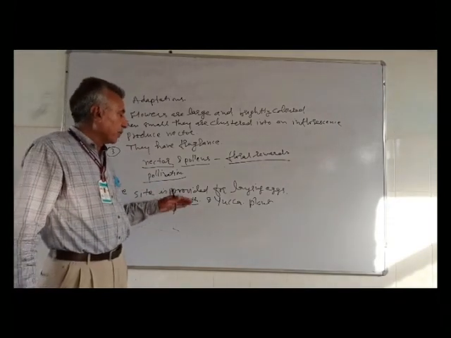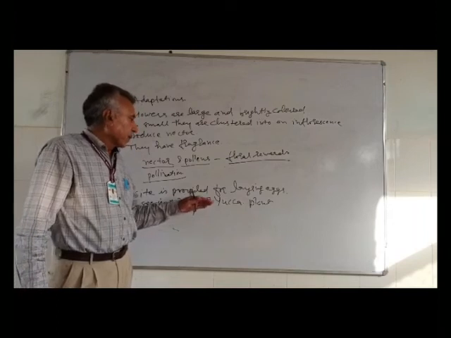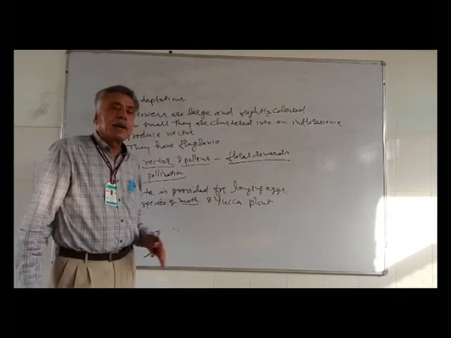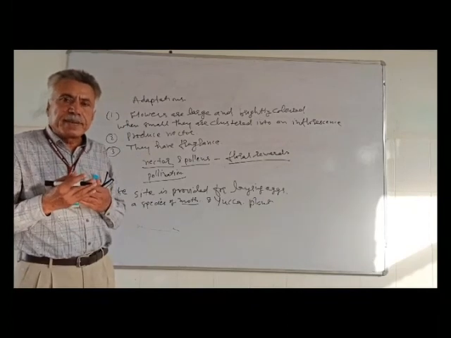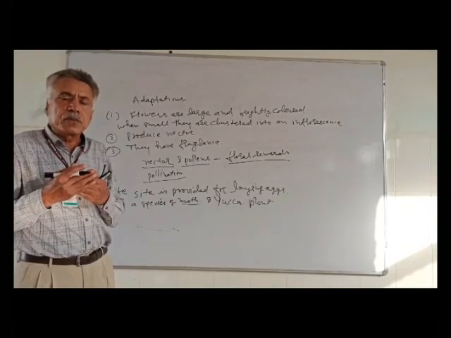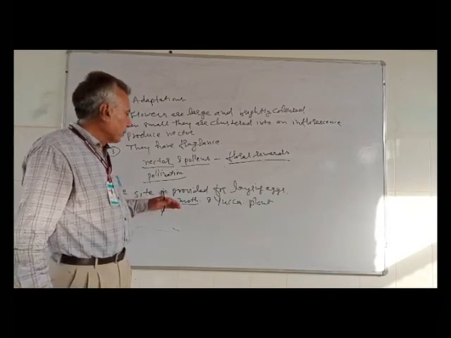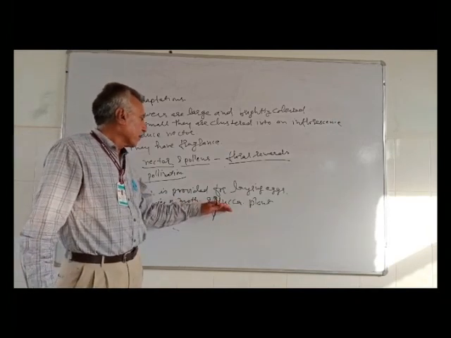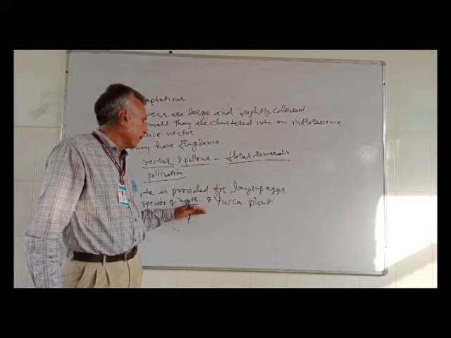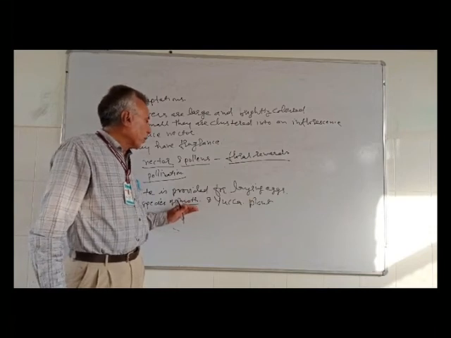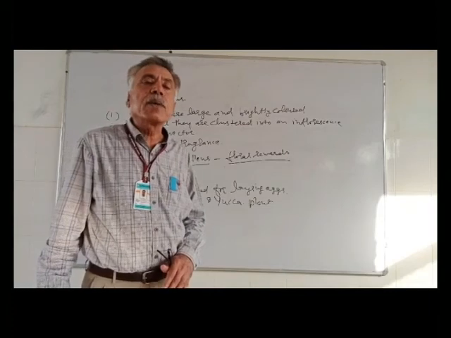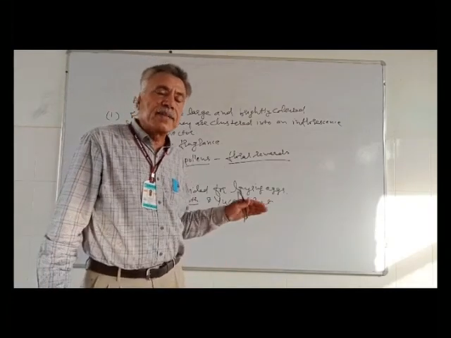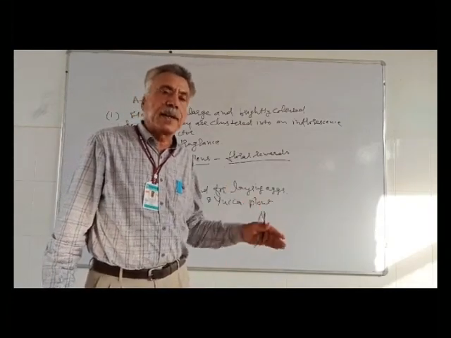And in return, the yucca plant gets pollinated. Both are benefited. This relationship is so strong that without each other, the moth and yucca plant can't complete their life cycle. Both are necessary to complete the life cycle.